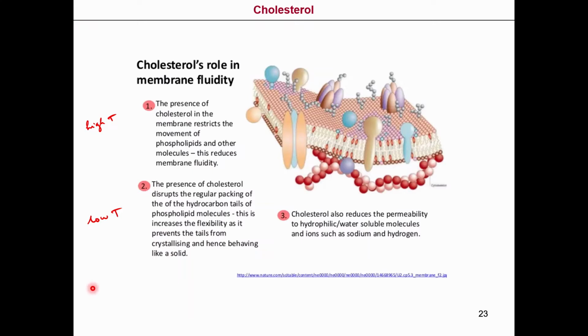Okay. So that's why it's very important to control the cholesterol ratio in our body, the cholesterol percentage in our body. To have a membrane which is more or less fluid and which can allow the transport of some molecules. Okay, so that's why we have cholesterol.